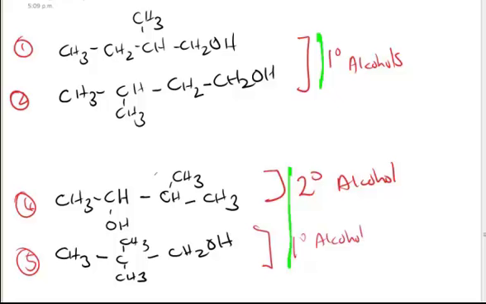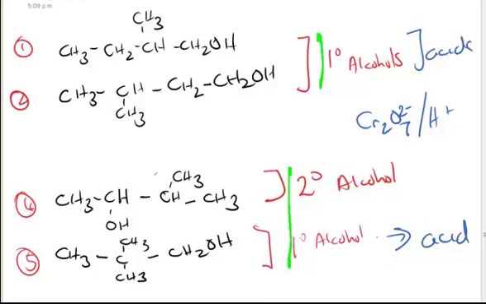Now, also, obviously, if we do react these with dichromate, the primary alcohols will become acids, whereas the secondary alcohol will turn into a ketone.